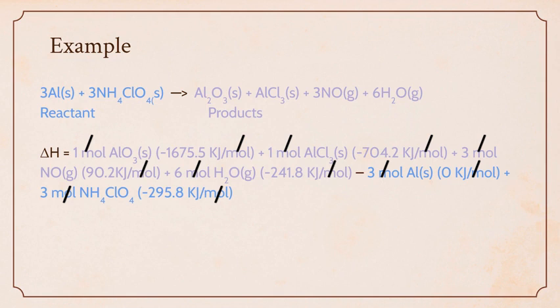Then after you get that, you can add all the products together, and then you can add all the reactants together. After adding them all up, for the products you get a value of negative 3,560.1 kilojoules, and then you're subtracting a negative 887.4 kilojoules.